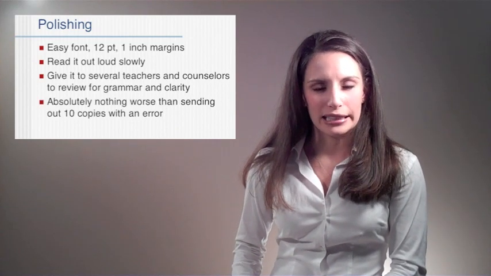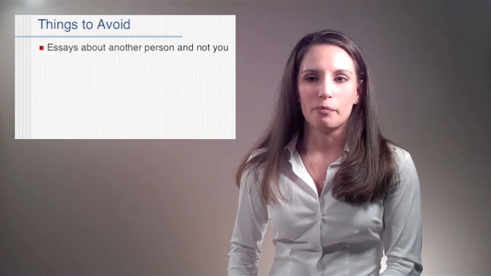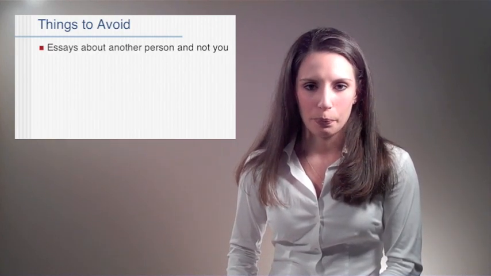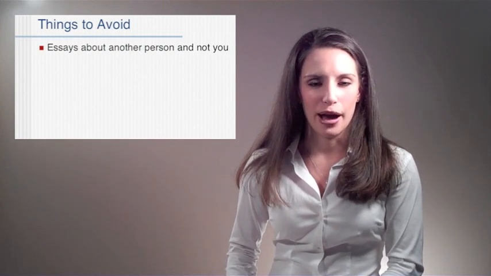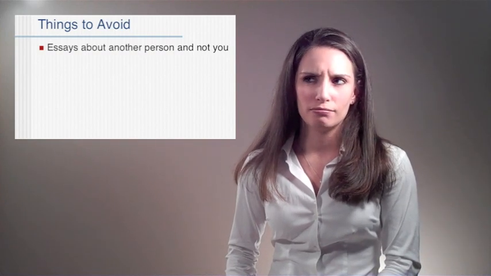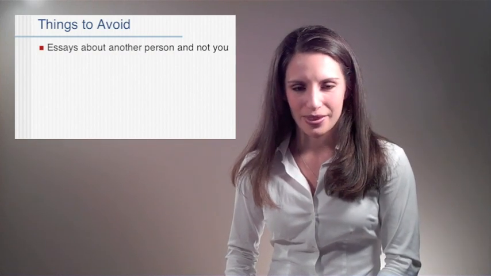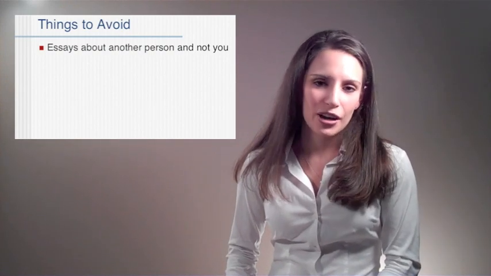Some things to avoid when you're writing your essay. Essays that are about somebody else and not you. Now you're going to say, wait a minute, you just told me that you wrote your college essay about your father. I wrote the first paragraph about him and about me. And everything else was about me. And that's how you can do it.